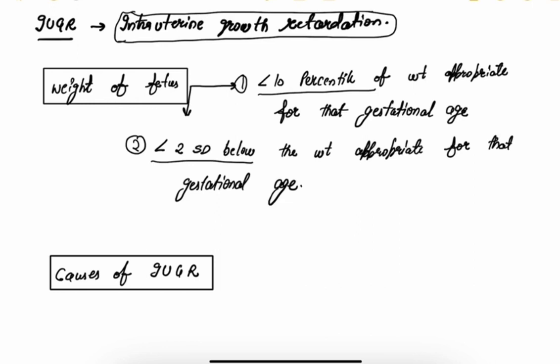So when the weight of the baby is less than the 10th percentile or less than 2 standard deviations below the weight appropriate for that gestational age, we diagnose that the baby is intrauterine growth retarded.